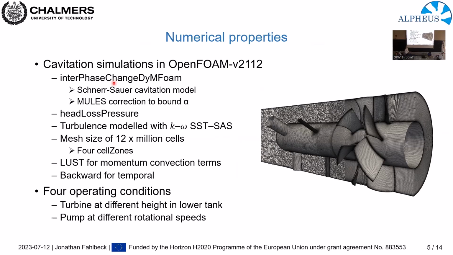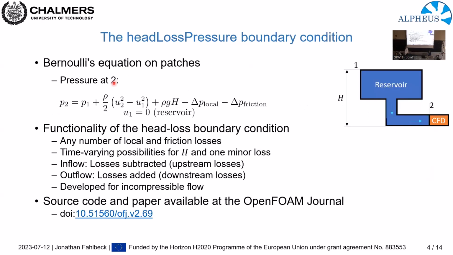So it is already part of the solver. This is part of the ESI version of OpenFOAM. I guess it's also possible to use in other versions of OpenFOAM as well. The boundary condition is available online with the source code and also the paper.